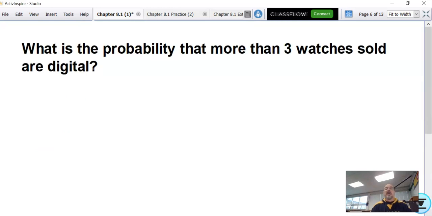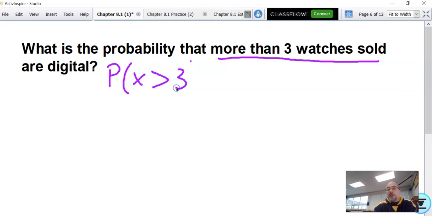Moving on. Now, this one, ladies and gentlemen: what is the probability that more than 3 watches sold are digital? More than 3 watches.